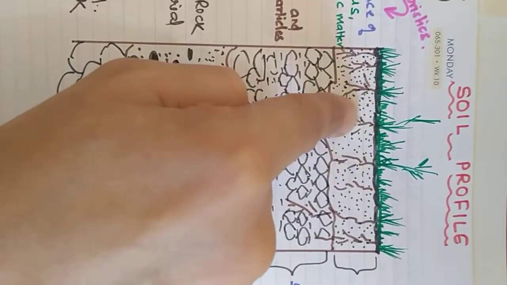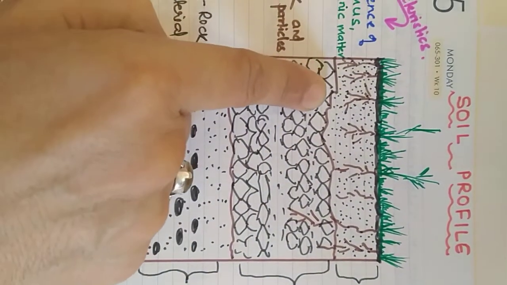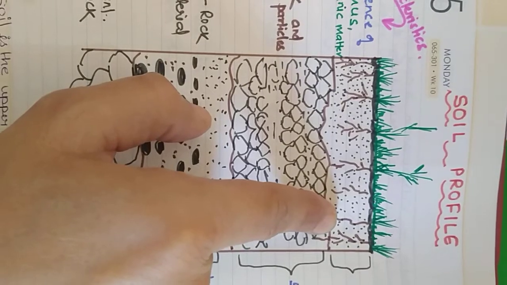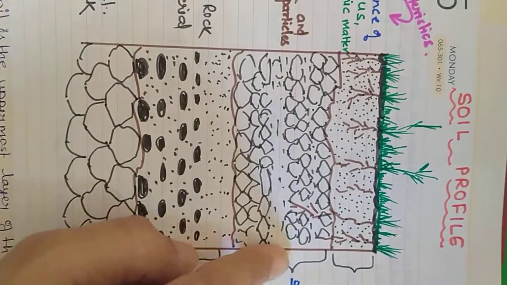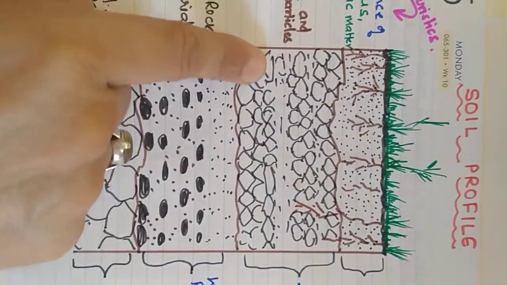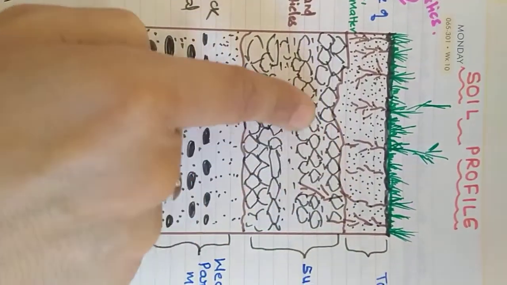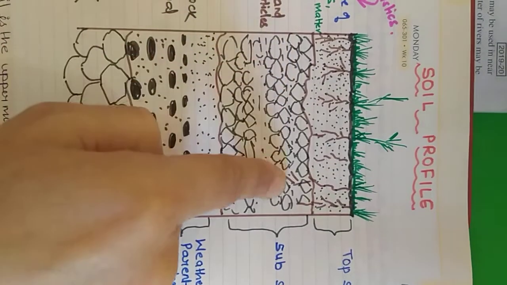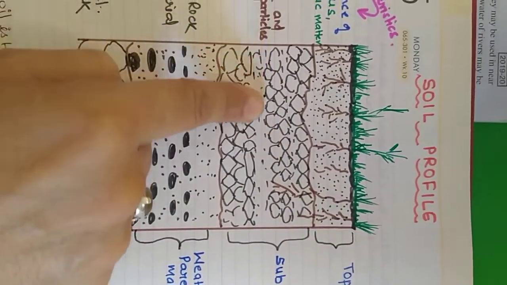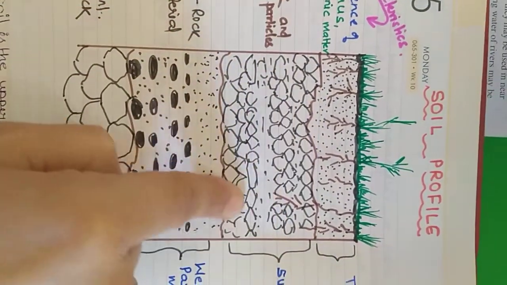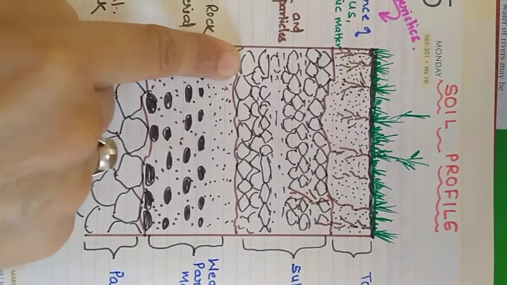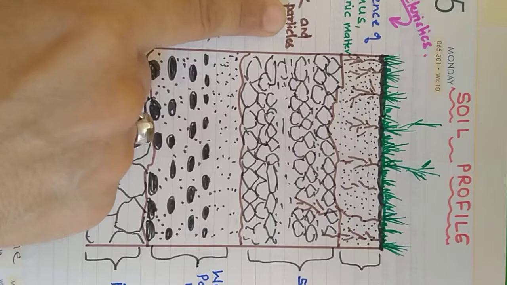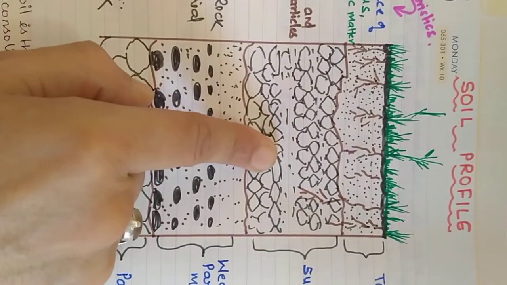Then you see there are some stones and sand particles here. This is known as the subsoil. This layer, or this profile, is known as the subsoil. You can find here some of the rocks and the sand particles.